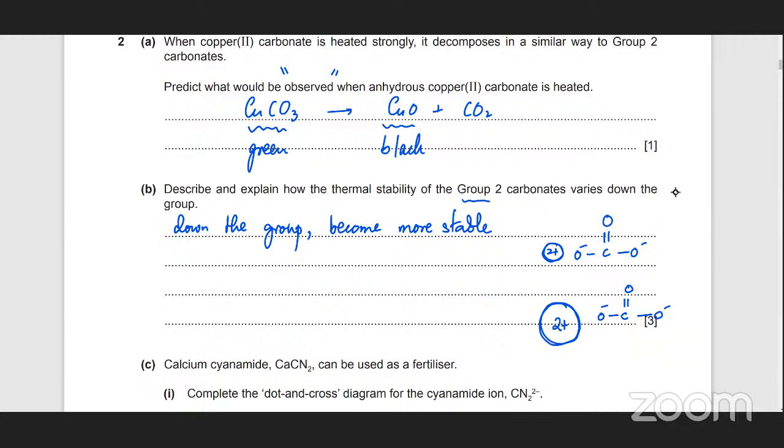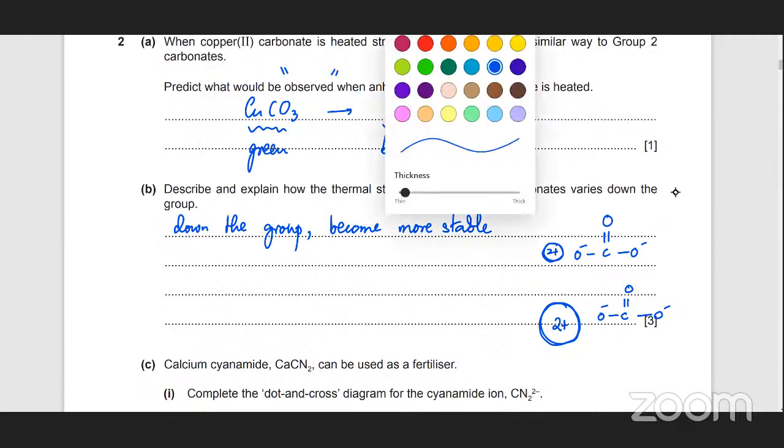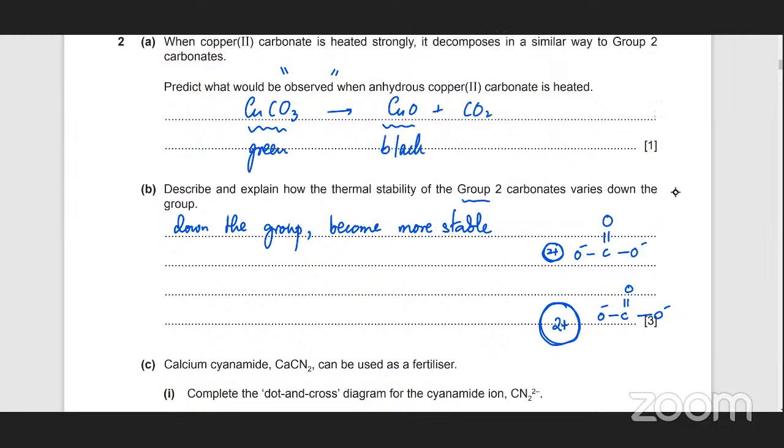So why do they become more stable down the group? The 2+ charge is so concentrated, with a very high charge density, that it pulls the oxygen away. It polarizes the carbonate ion, pulling the electrons that were bonded there towards itself.